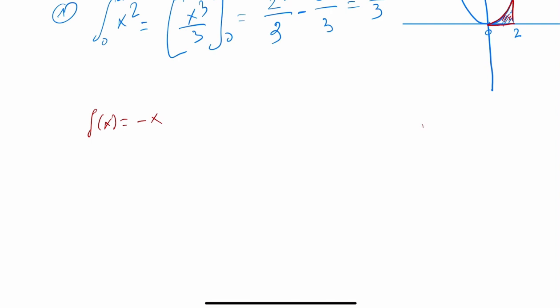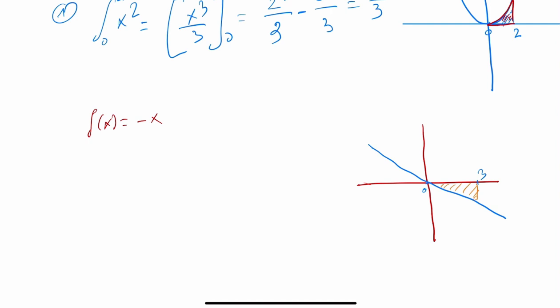So this is our x-axis and this is our minus x. And we need to find the area between, for example, 0 and 3.